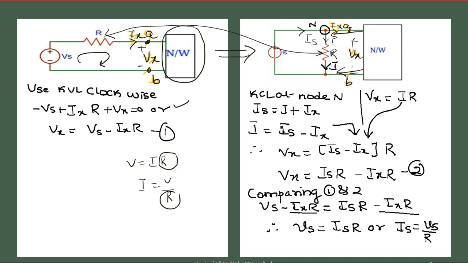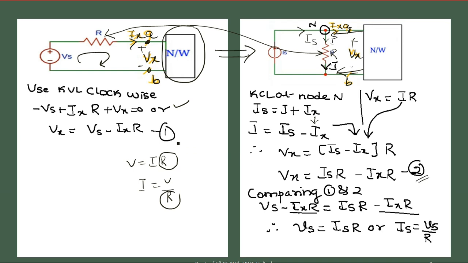So now if you solve it further, you see that we get I is equal to Is minus Ix, and Vx will be what? Now I have taken the Vx definition here. Vx will be equal to what is I? I is nothing but Is minus Ix into R. So if you substitute, you will get another equation.